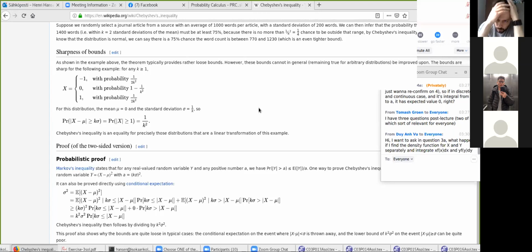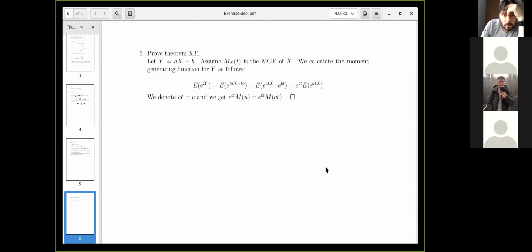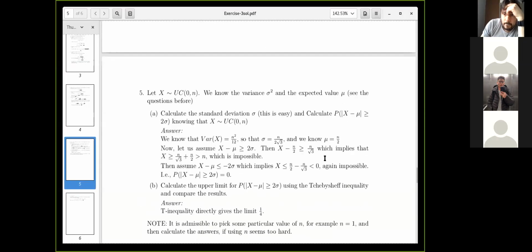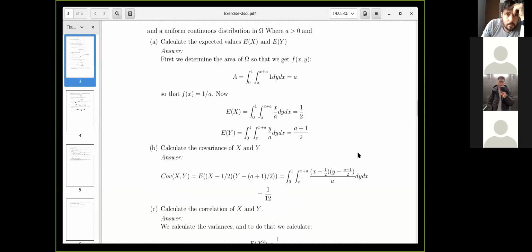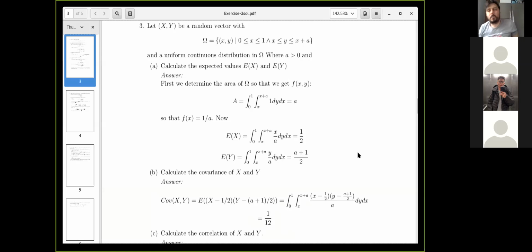Okay, you asked the question: what happens if I find the density function for x and y separately and integrate x? Let's look at that question now. 3a. Now, I'm not sure what you mean if you say what happens if you find the density function for x and y separately.